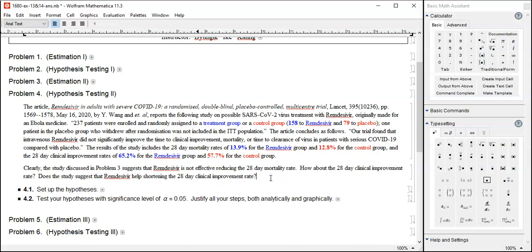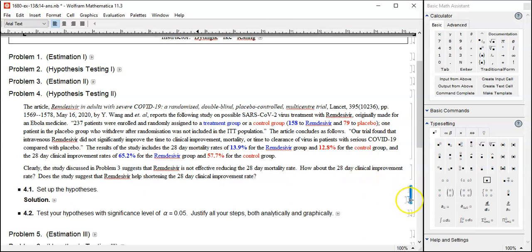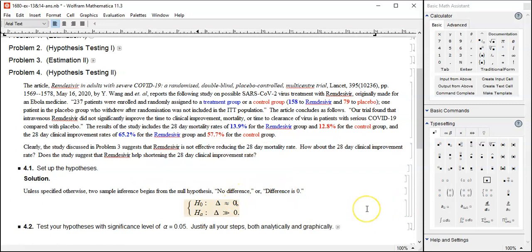Now, how do you set up hypotheses? Two-sample inference, what's the null? The difference is equal to what? 7.5% point? No. The difference is equal to 0.